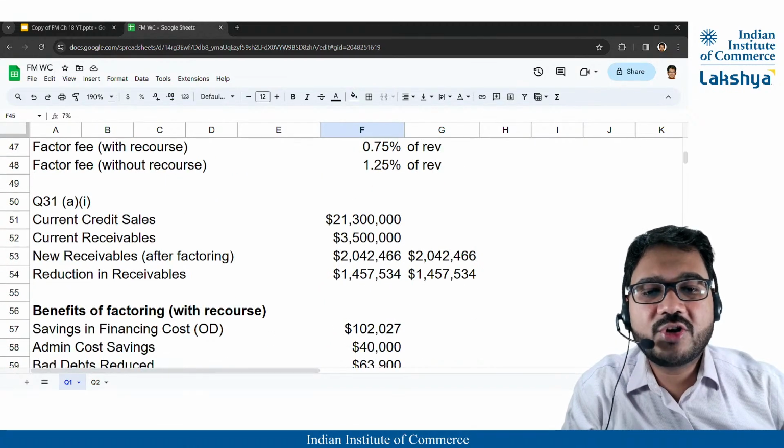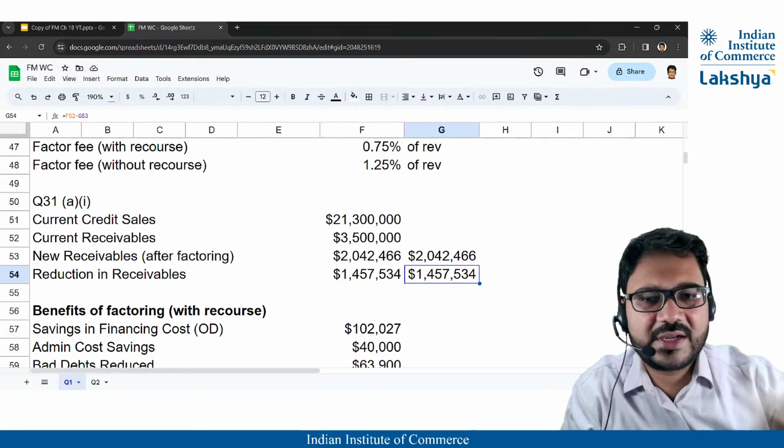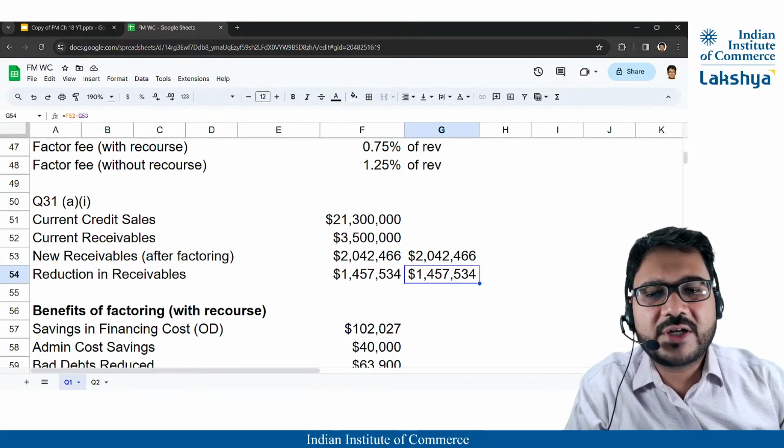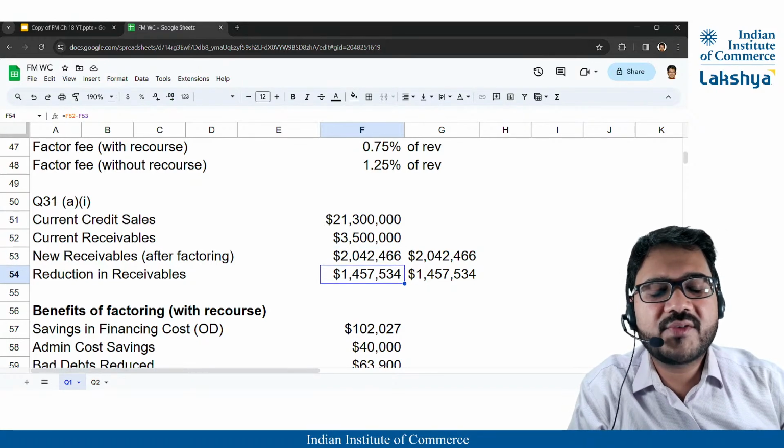But now you need not take that OD of 1.4 extra. Okay, because you are saving that. As in your receivables are reducing by that much. So it's not required. So now you have only a $2 million outstanding. It's reduced by 1.4.